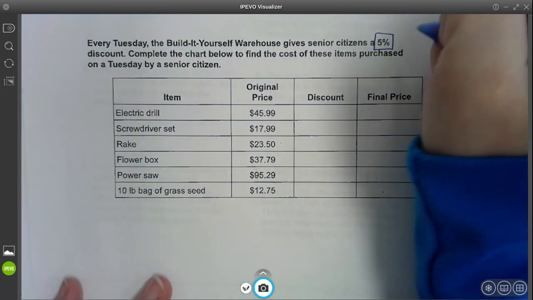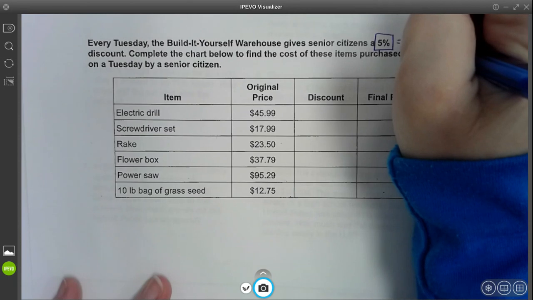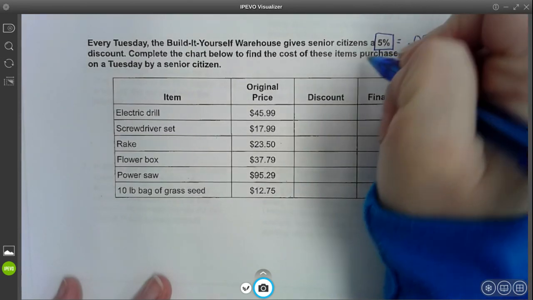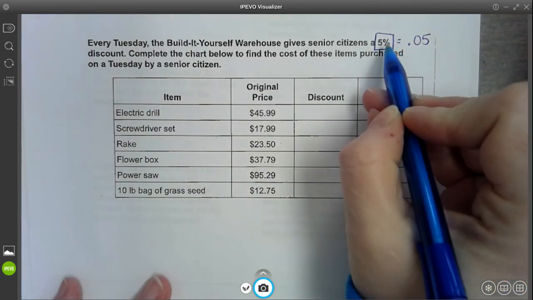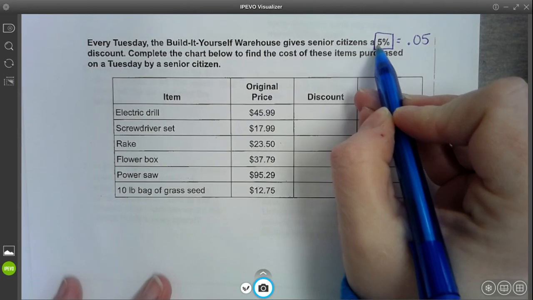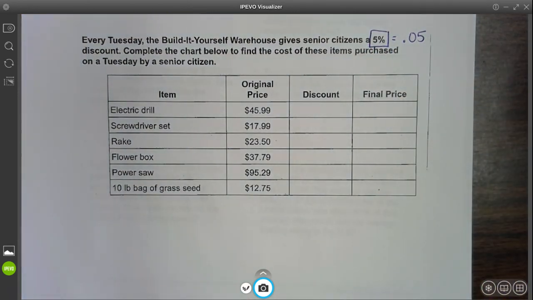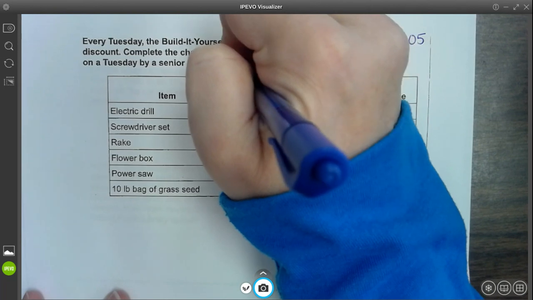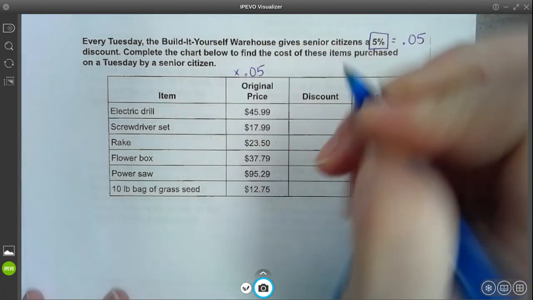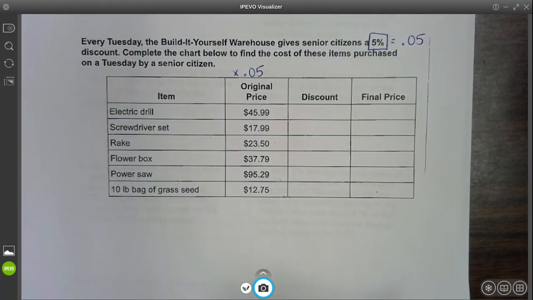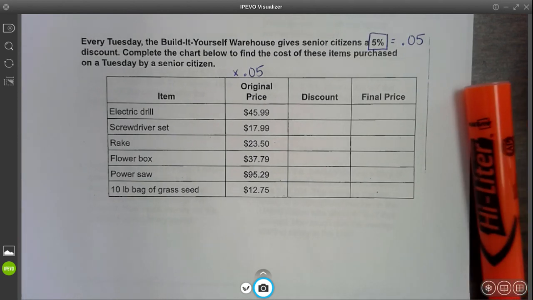So 5%, first of all, is going to be 0.05 if I move that 2 to the left. Be careful, if you change it to only 0.5, that's 50% discount, which would be really nice, but then the warehouse is going to lose money. So what we're going to be doing is multiplying everything in this column by 0.05, okay? And that'll give us our discount.